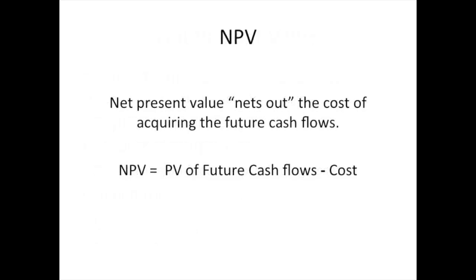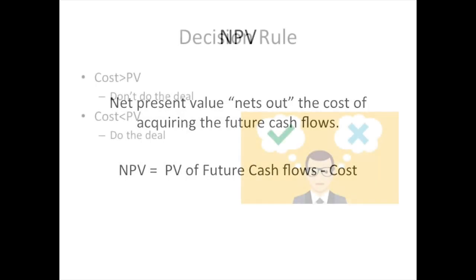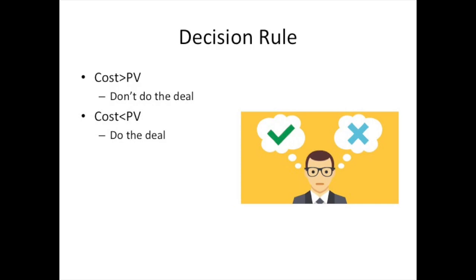Net present value nets out the cost of acquiring the future cash flows. NPV compares the cost in today's dollars to the present value of the projected income or benefits also in today's dollars. It's only worth doing if the price is less than our assessment of the future benefits.